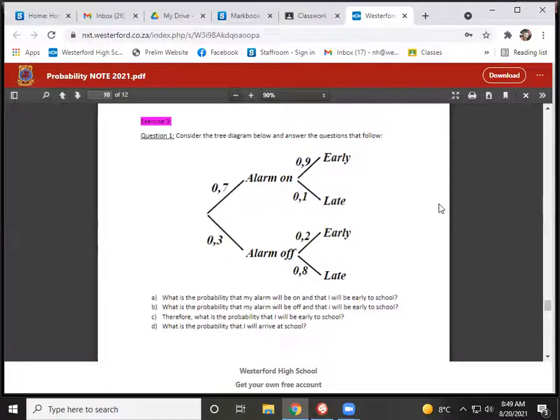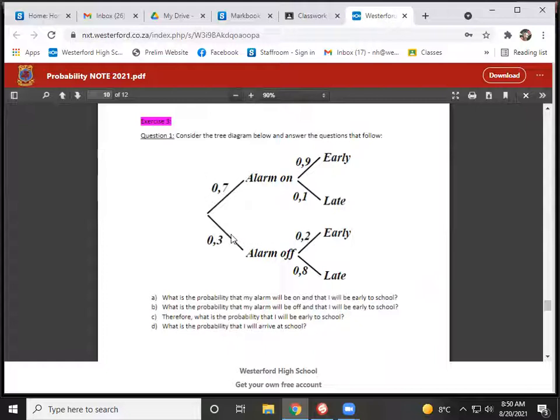Now guys, what I want you just to notice is that the probabilities on each set of branches add up to 1, all right? 0,7 plus 0,3 is 1. So guys, if they told you the probability of you remembering to put your alarm on is 0,7, what is the probability of you forgetting to put your alarm on?